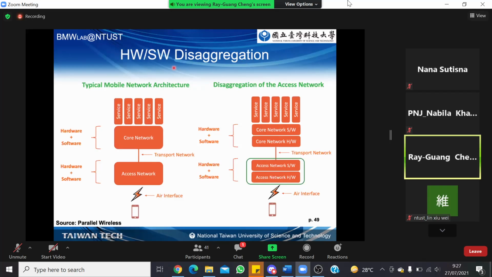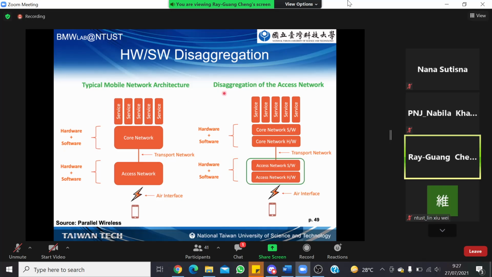What do we mean by disaggregation? Traditionally we have base station, we have core network. So you need to buy a machine from Nokia. Nokia provides the hardware plus the software. It's just like if you want to buy a server from somebody, you need to buy all the software from the server's vendor.